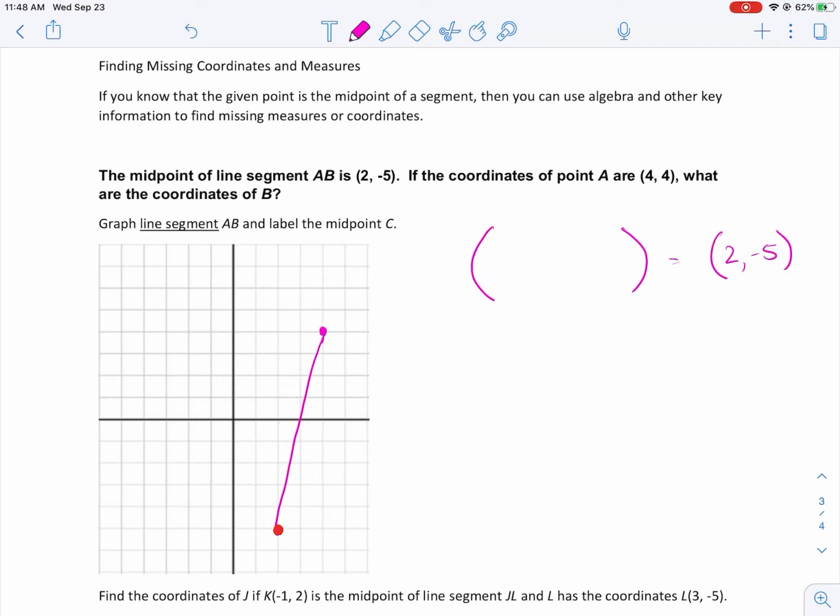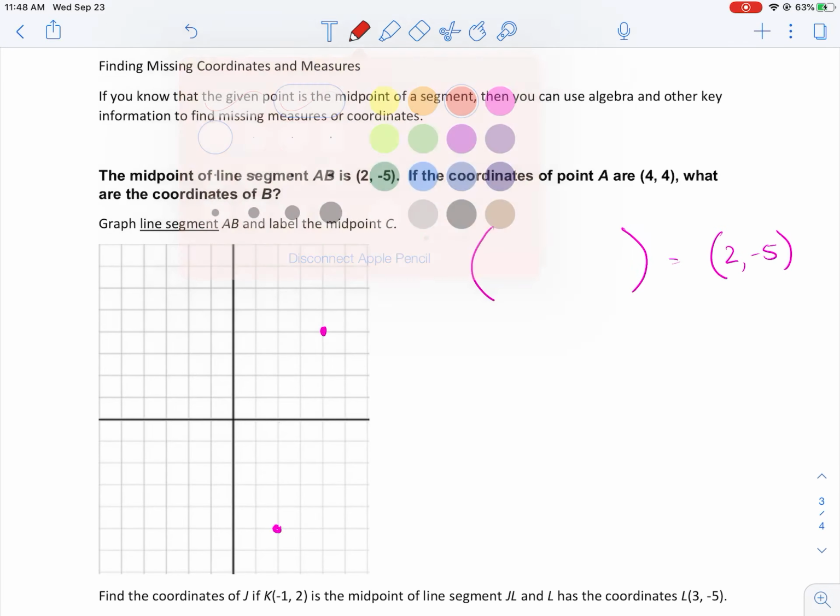We don't know where, but it's going to be somewhere down in this direction. It's not going to fit on the graph paper, well, that's my fault. At least I can make the line a little straighter. So 4, 4, 2, negative 5.